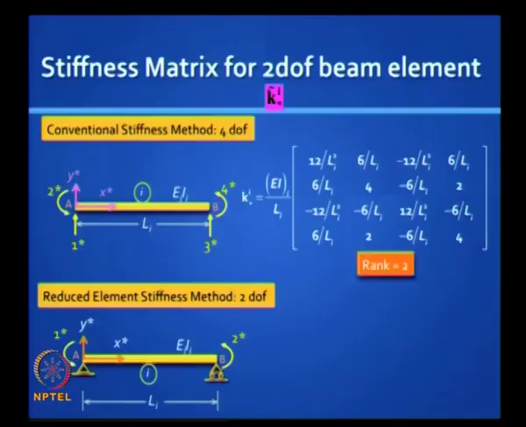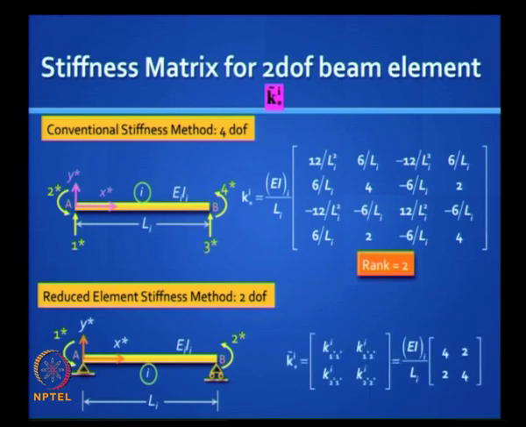How do you extract it? What should you remove from that 4 by 4 matrix? Just knock off the first column, third column, first row, third row, and whatever you are left with is 2 by 2. So that is the easiest you can do. Whatever you are left with is your reduced element stiffness matrix.